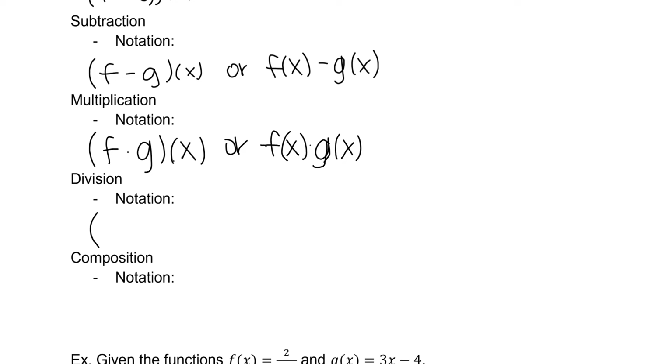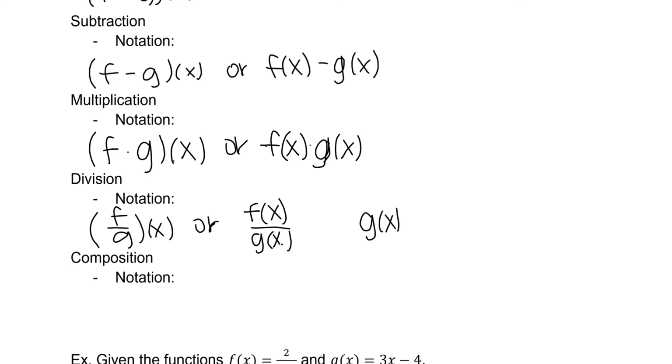Division can be seen as (f/g)(x) or f(x)/g(x). And for division, it's important here that g(x) does not equal 0. In a function, I'm not gonna be putting 0 in the denominator, but it's an important distinction to make.